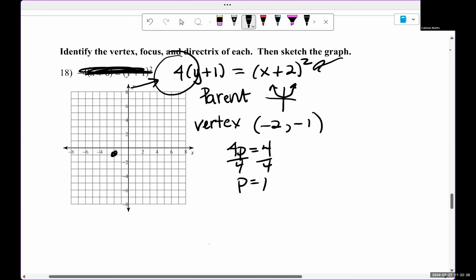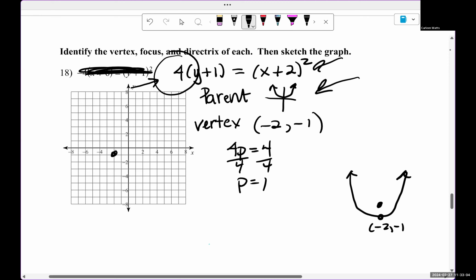Okay, this is where it gets a little confusing. I know that the graph looks like this. Therefore, here's the vertex. Yeah, -2, -1. Where am I going to find the focus? It's above, right? It's hugging. So if this is -2, -1, the focus, can you see that the x coordinate of the focus is not changing?